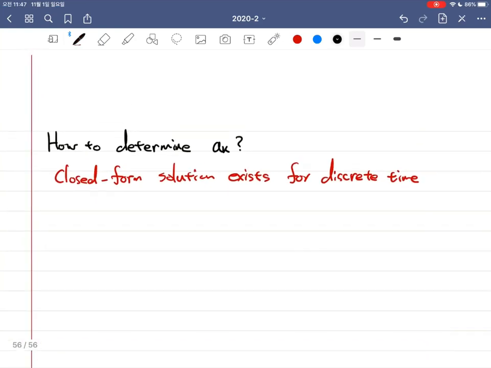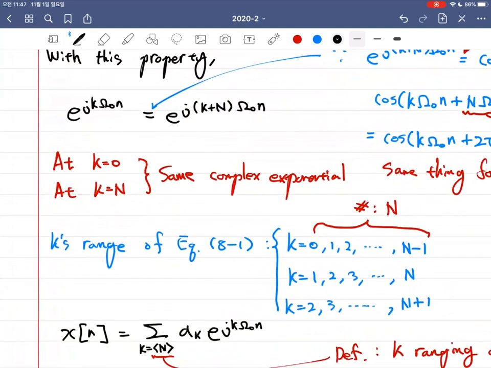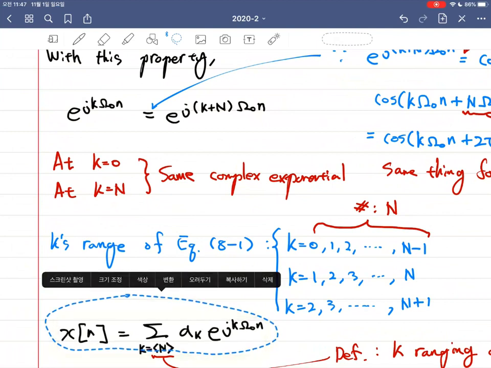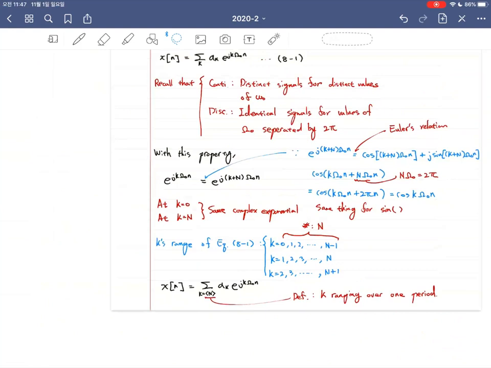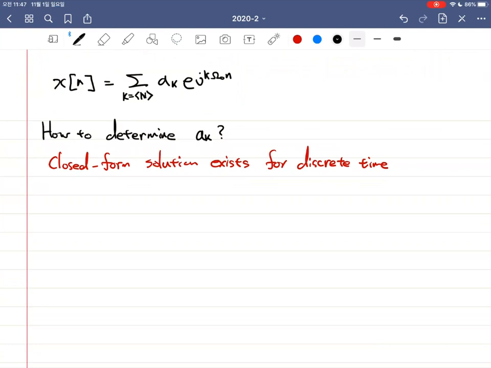Okay, so recall that we have, I might as well copy this, but you don't have to, because I'm just copying this because I have no room for the previous page. So what happens if I put this n as 0? Then I will have x of 0, and I have to do the summation for one period.